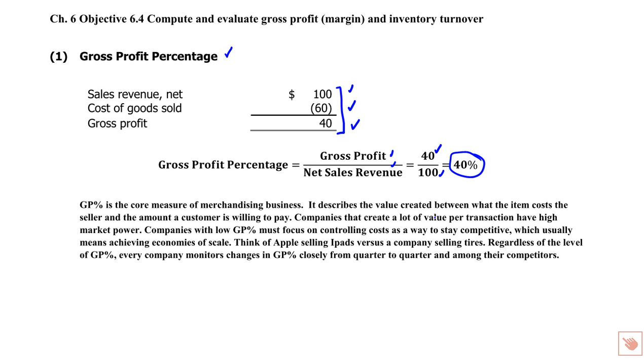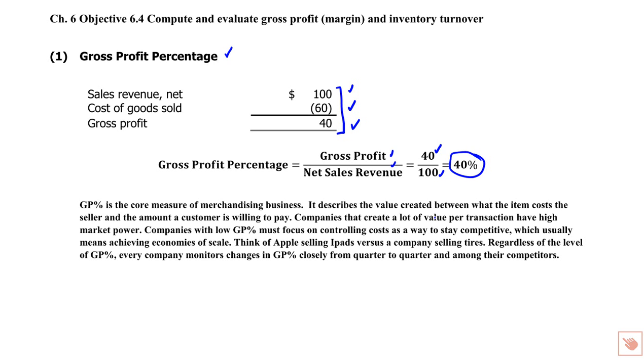It's a little difficult to tell. If given a baseline, you know that higher is better. So a higher gross profit percentage is better. But it's difficult to tell if it's strong or weak because it's really industry dependent. So a company like Apple, I think, has a gross profit percentage around 40%. And then there are some wholesale supply companies that have gross profit percentages in the 2% range.